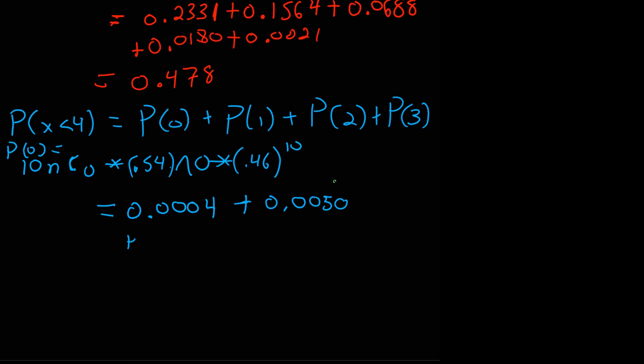So I scroll up. 10 NCR 2 times 0.54 to the 2nd times 0.46 to the 8th. And I get 0.0261. And now I need to do the third. So I up arrow. 10 NCR 3 times 0.54 to the 3rd times 0.46 to the 7th, and I get 0.0824.